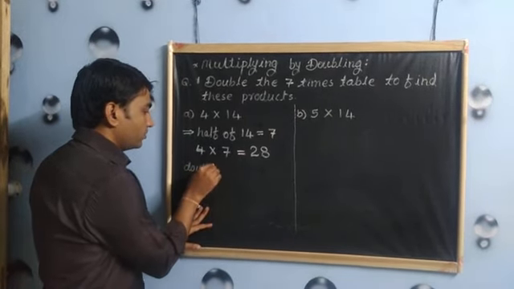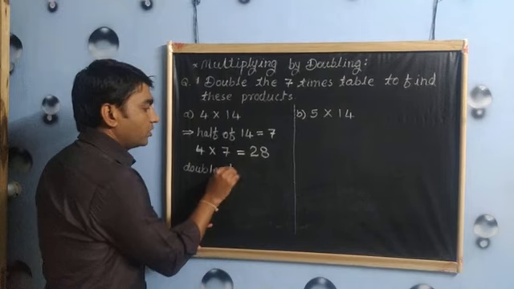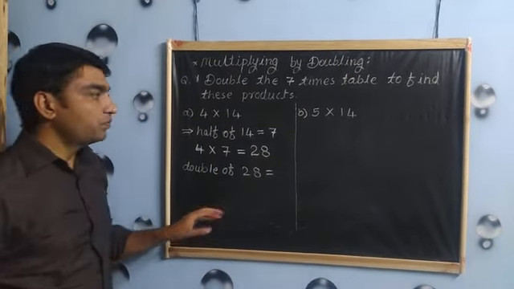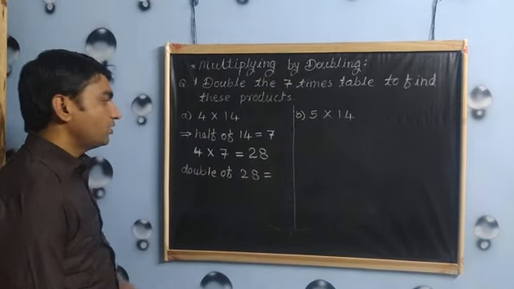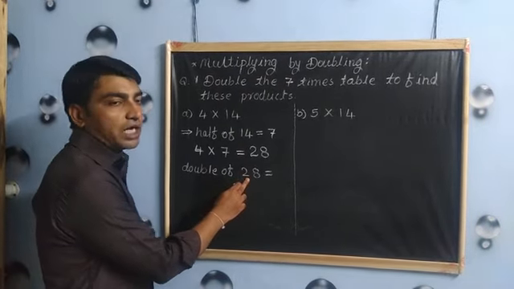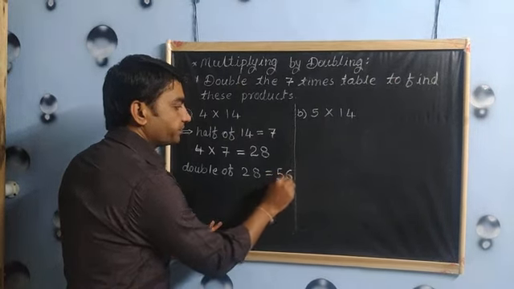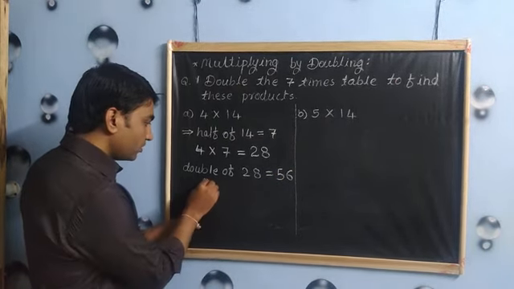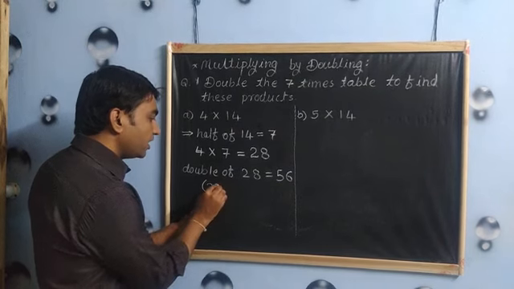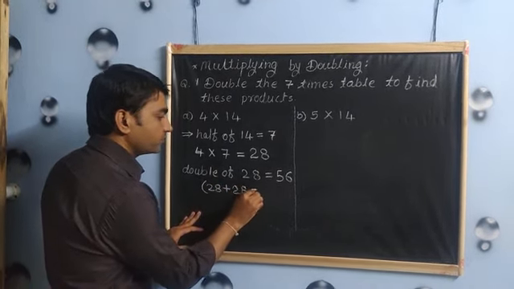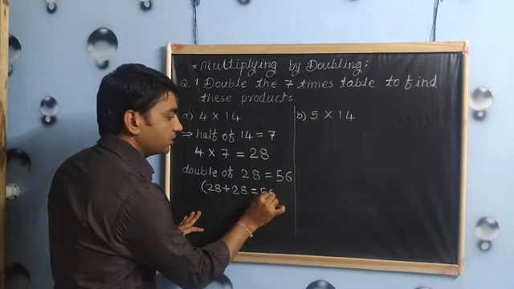Double of 28: to find the double of 28, we will add 28 two times. So 28 plus 28 is 56. Remember, we added 28 two times and the answer is 56.